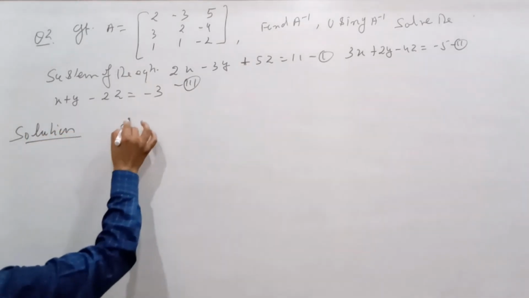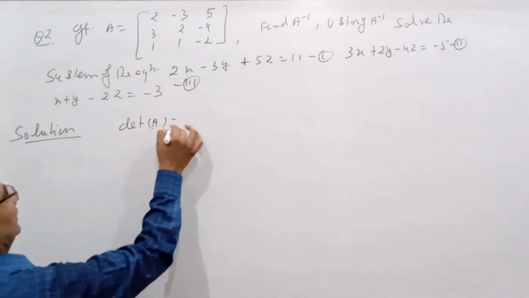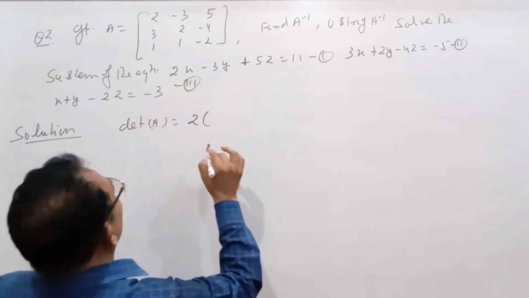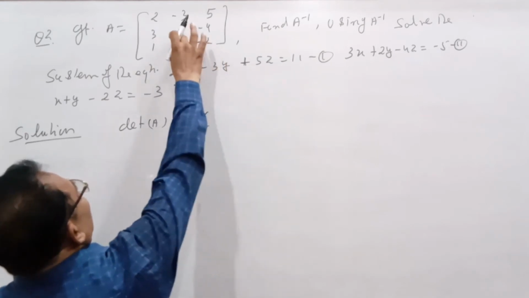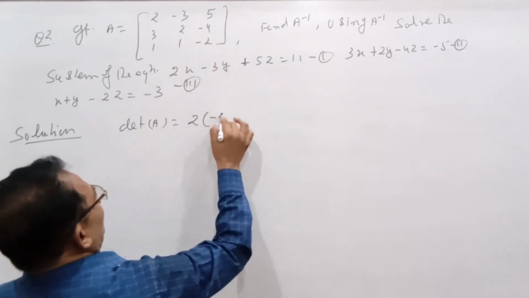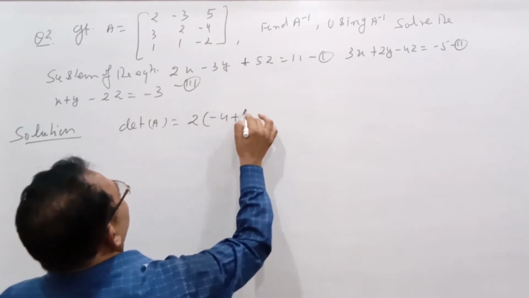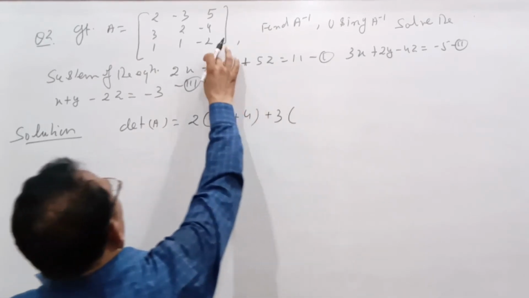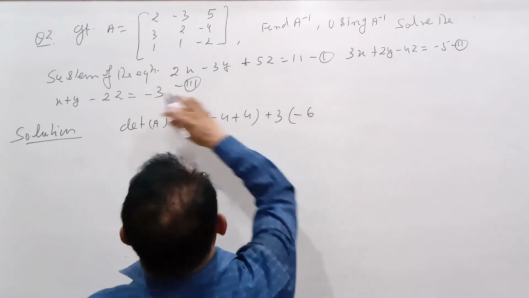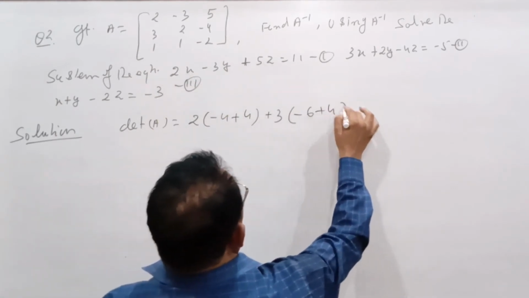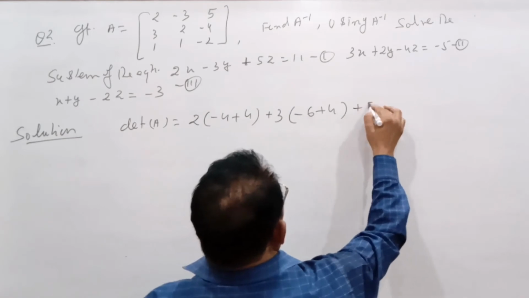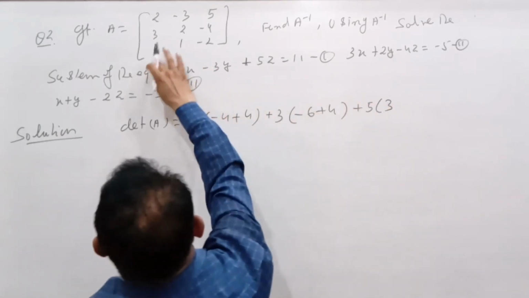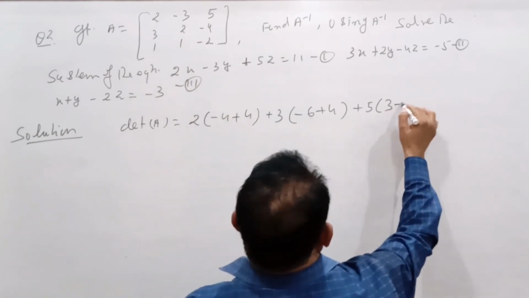First of all, we find the value of the determinant A. A is equal to 2 into minus 4 plus 4, plus 3 into minus 6 plus 4, plus 5 into 3 minus 2.